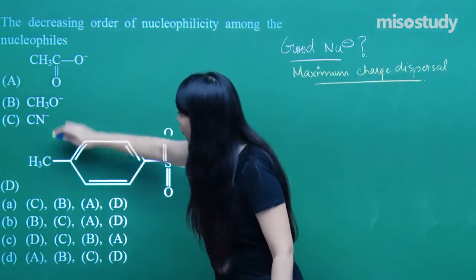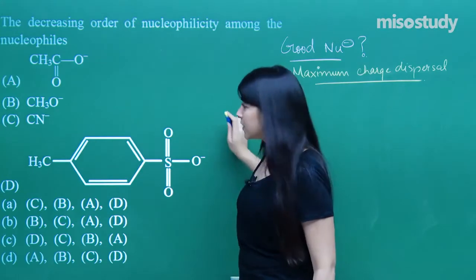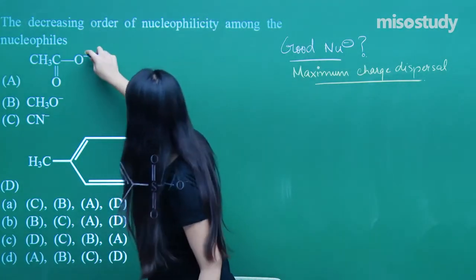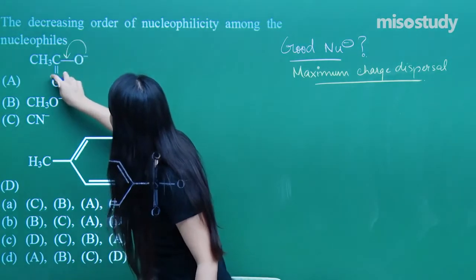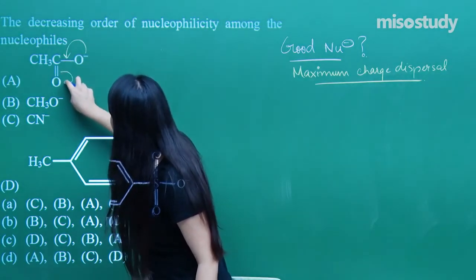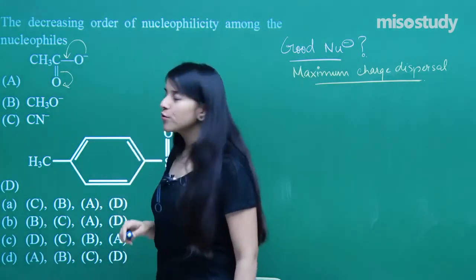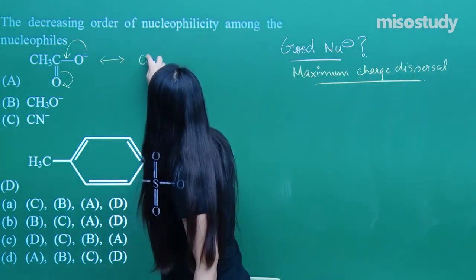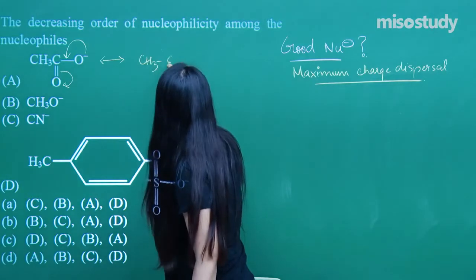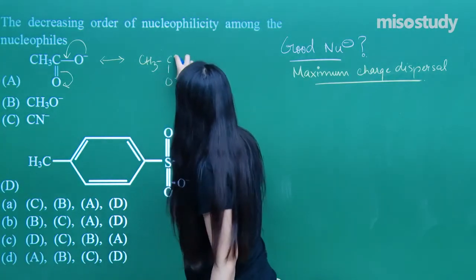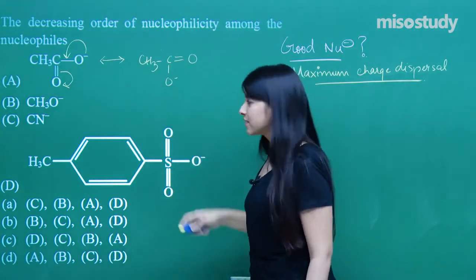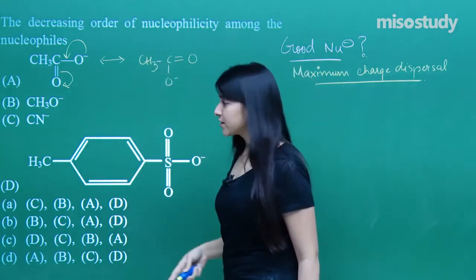So out of all, what do you see? Here we have got a resonance stabilization. Can I make the resonance structures? Definitely. That is how we are going to make the resonance structures over here. I hope you all are able to make that. What will be the structure over here? O negative. That is what the resonance structure will be. That means a resonance stabilization.